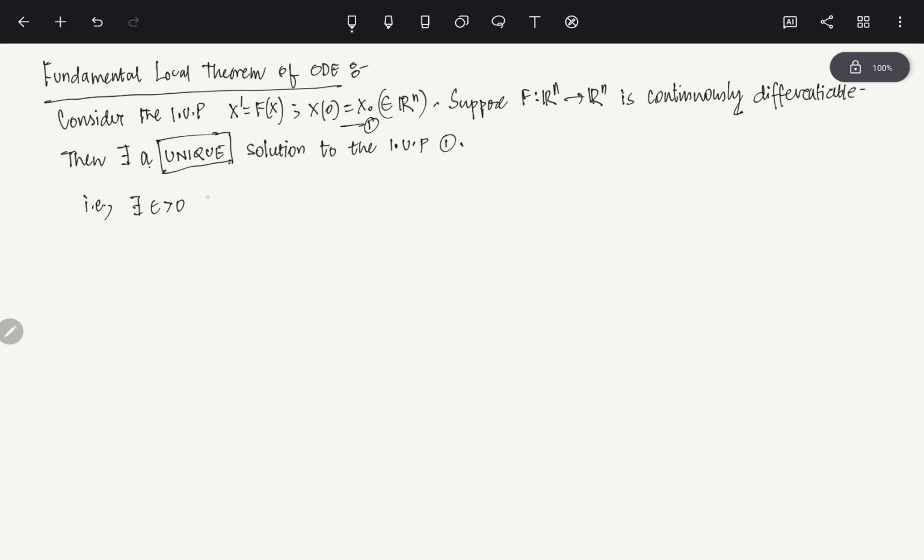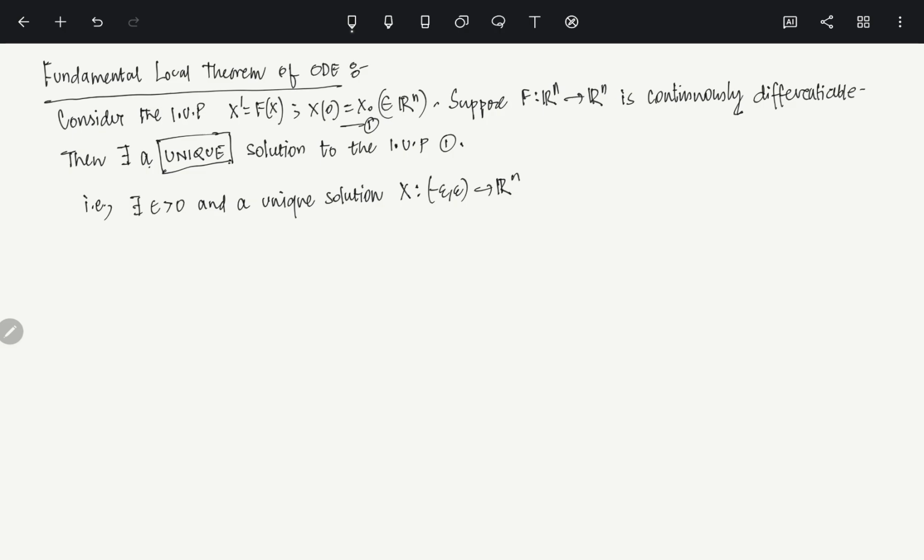There exists epsilon positive and a unique solution x from minus epsilon to epsilon to Rn, clear? So you see, I am looking for a solution.